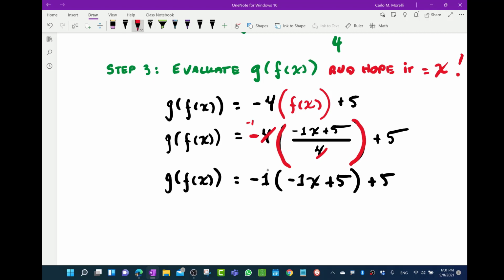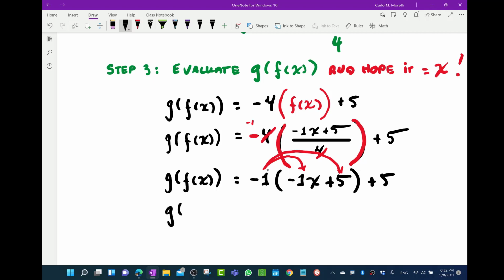And now we're going to perform the distributive property and distribute that negative 1 to both terms inside the parentheses. Now, remember what I told you about distributing negative 1. When you multiply a negative 1, all that you do is change the signs of everything that you're distributing that negative 1 to. Okay? So all negatives become positive and all positives become negative.